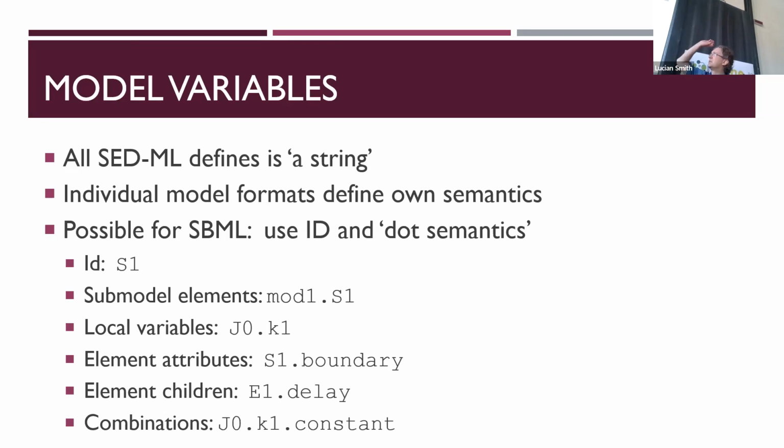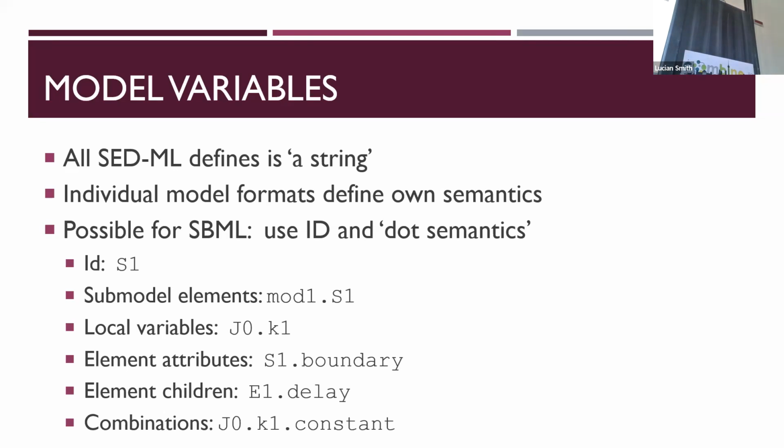I've mentioned a few times that individual model formats assign their own semantics. As an example, this is what SED-ML could do. You could use dot semantics, and say an ID of something is just S1. If I had a submodel with ID mod1, I could say mod1.S1, and that would be S1 in the submodel. SED-ML could use a similar format for this.